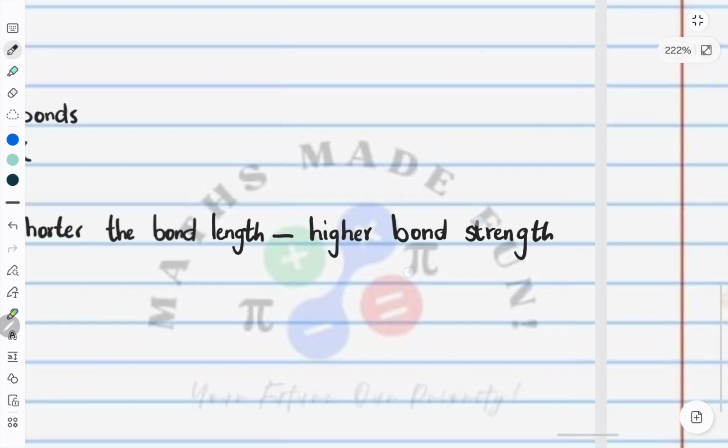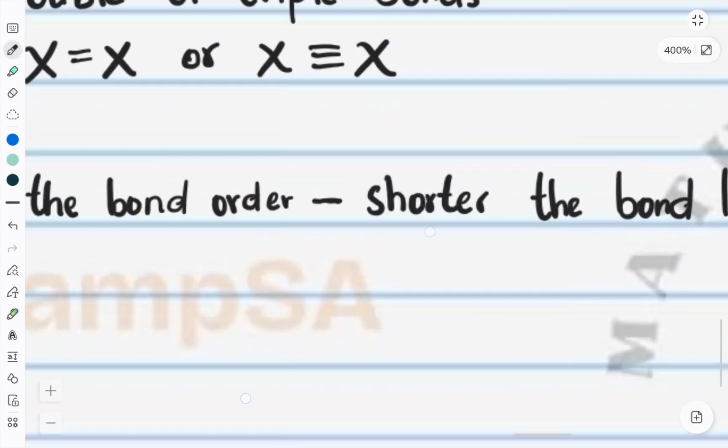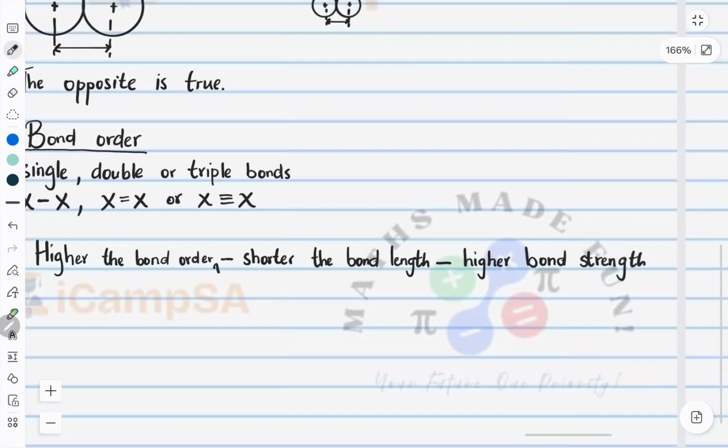Think about it. If the bond is strong because it's a high bond order, there should be something here saying the stronger the bond. All right.